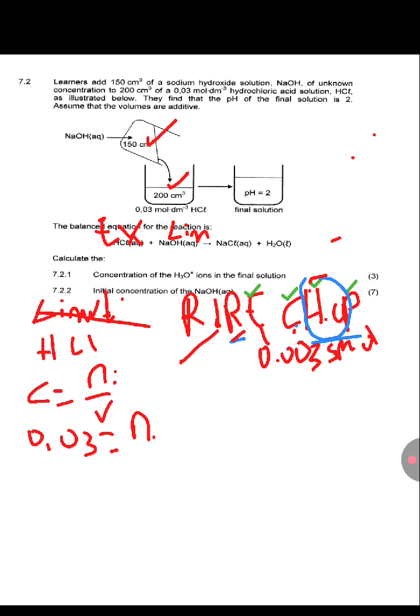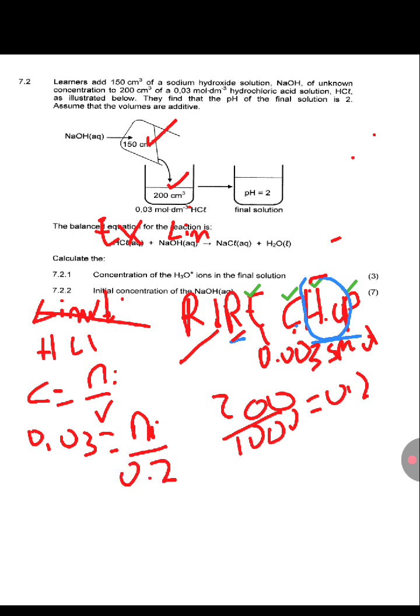Then the initial number of moles we do not have. Then the volume is 200 of the acid alone, initially, before it is mixed with anything. You divide it by 1,000, then that is 0.2. So use 0.2. So the initial number of moles is equal to 0.006 mole of HCl. And these are the initial number of moles.